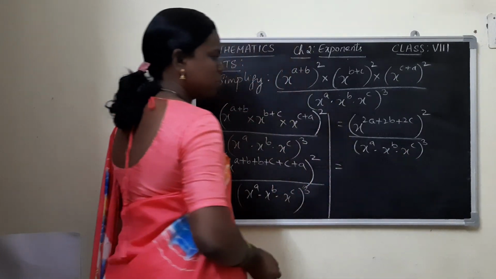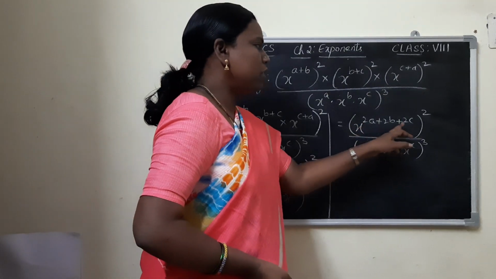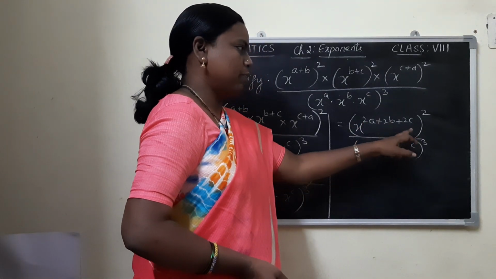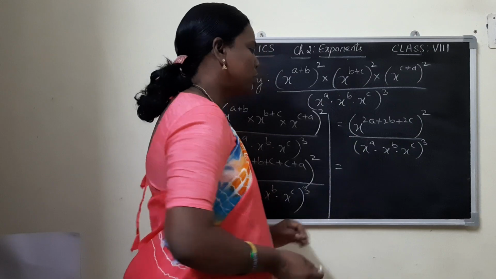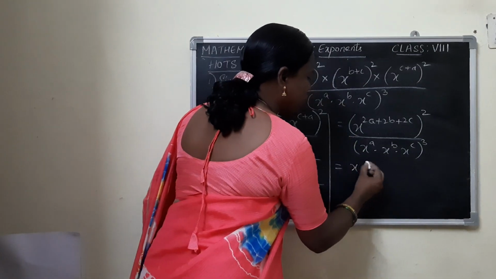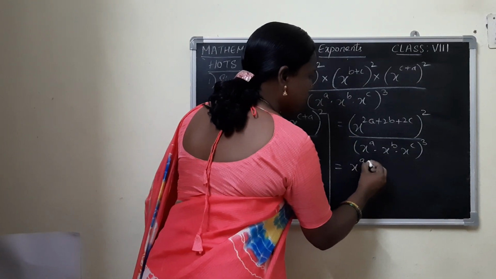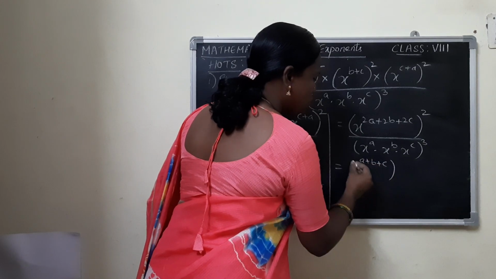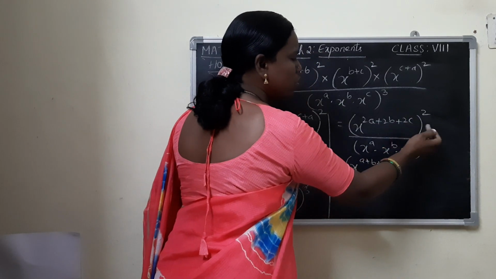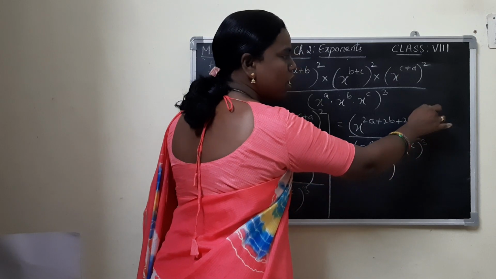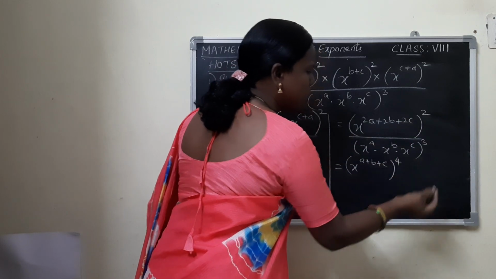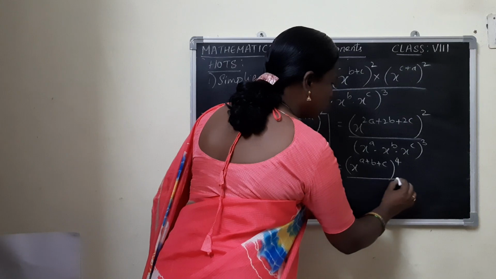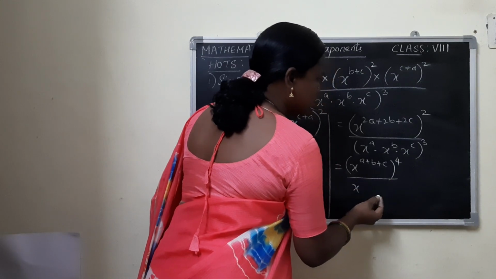Now here you can observe 2 is common in all three terms. So I can take 2 out of the bracket. So I will be left with x to the power of a plus b plus c whole to the power of 2 going out. So 2 is multiplied with the outside 2, which will become 2 to the 4 whole, divided by x to the power of.